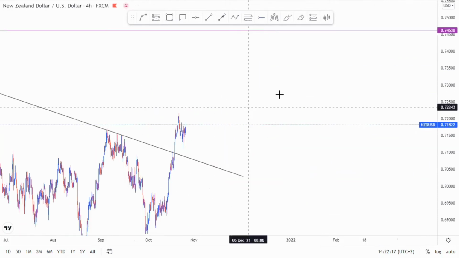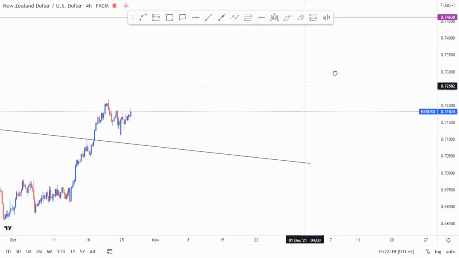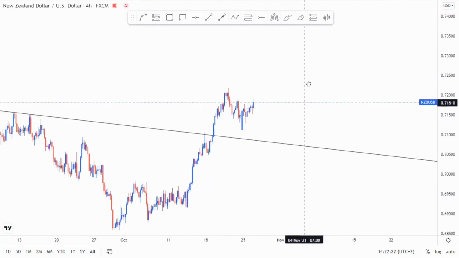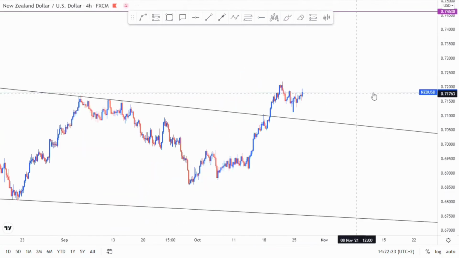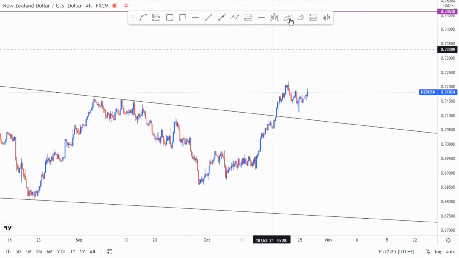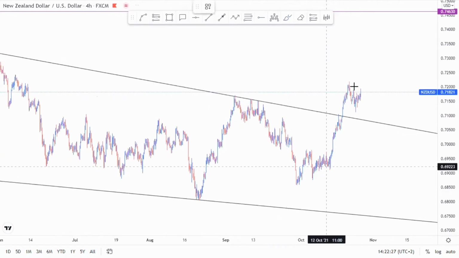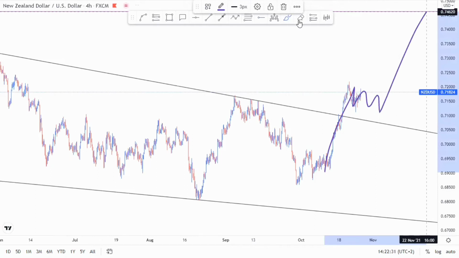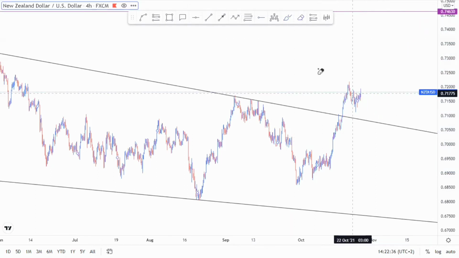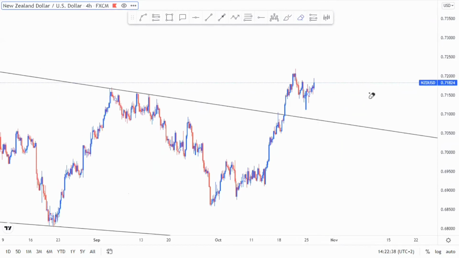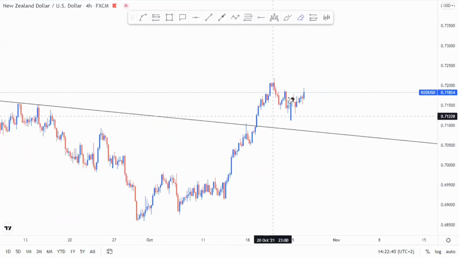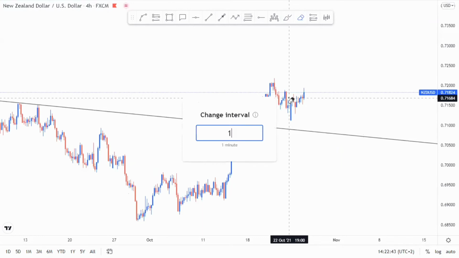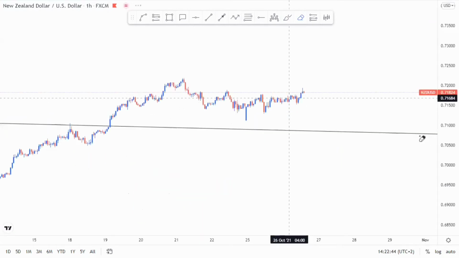So let me dive into the analysis. As you guys can see, this pattern has been broken impulsively, corrective, going for the next impulse. Now I don't see any patterns here on the 4-hour time frame, so I'll be going down to the 1-hour time frame to see it more clearly.